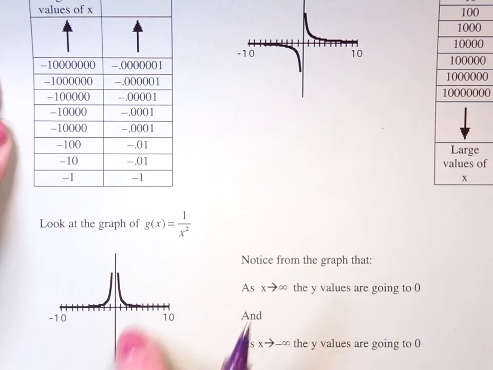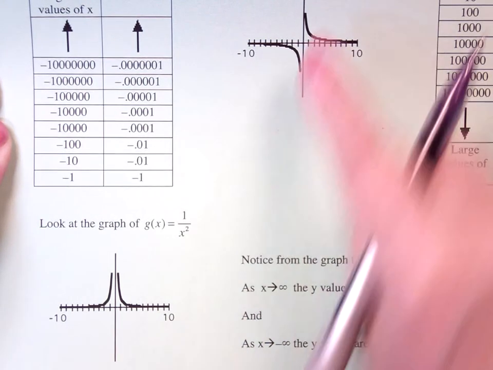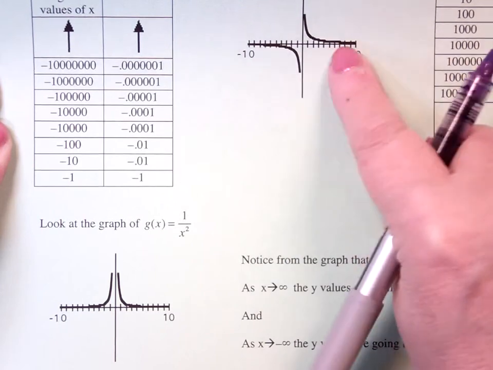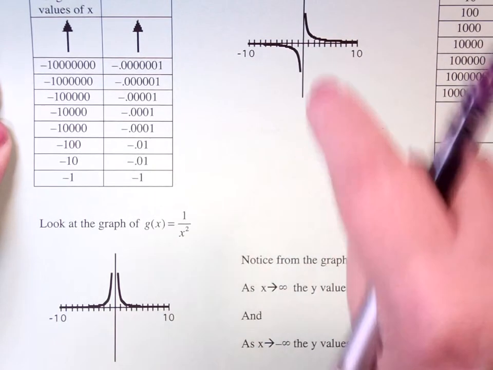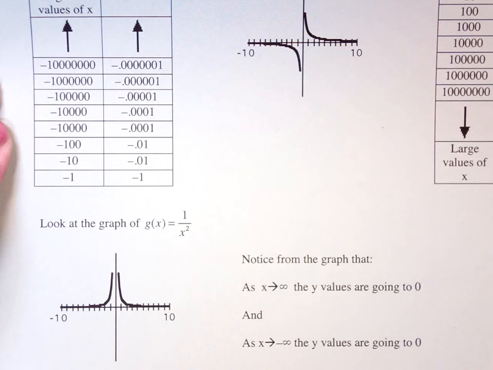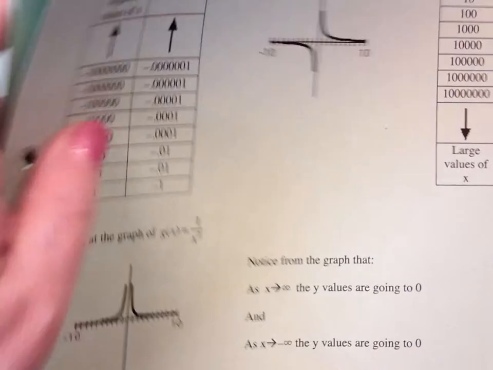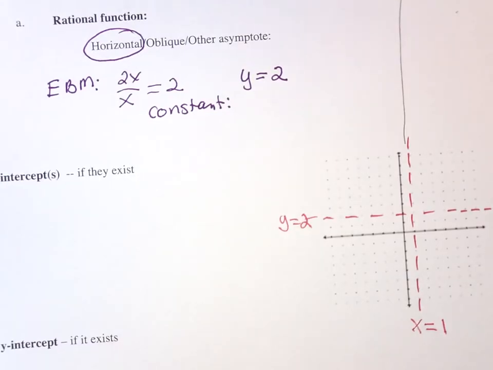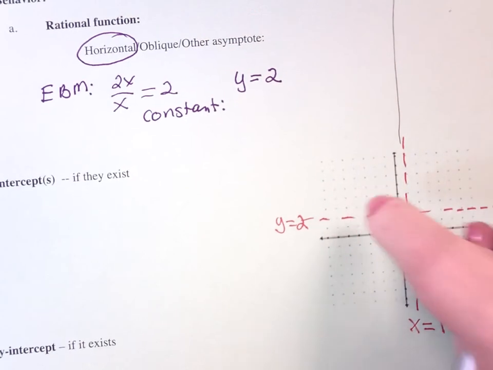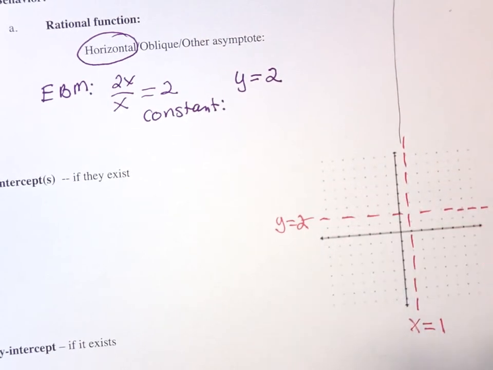They could be going down, or they could be in the opposite quadrants. One VA, one HA, the graphs look like these guys. That means if that's going to be the case, I just need to know where the graph is.